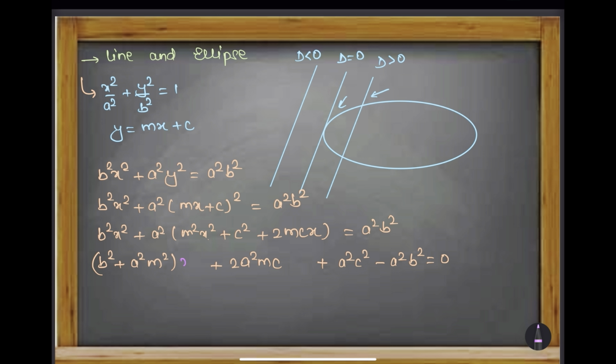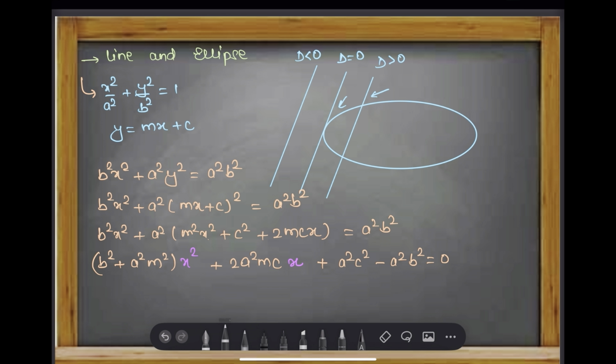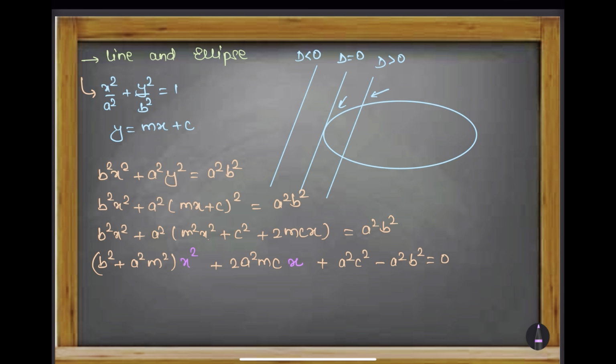So you got a quadratic in x. Now for the condition of tangency, D should be 0, right? So D should be 0 means b square minus 4ac equals 0. This is your b square, so I can write 4 a power 4 m square c square. So b square minus 4ac.